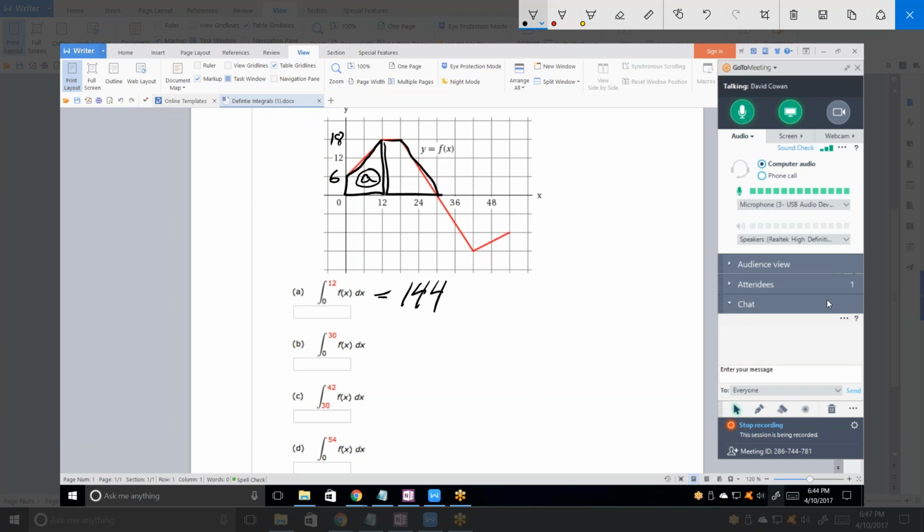So it's 18 plus 6 divided by 2 times its thickness, which is 18. So that is 12 times 18, which is 216.